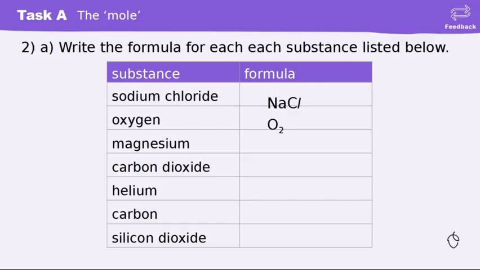And for magnesium, it is Mg. And carbon dioxide formula is CO2. And helium formula is He. And carbon formula is C. And silicon dioxide is SiO2. Okay, and if you got all those correct, then well done.